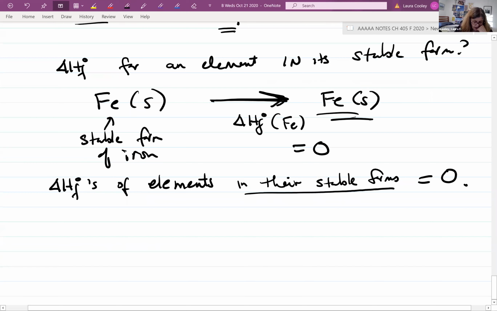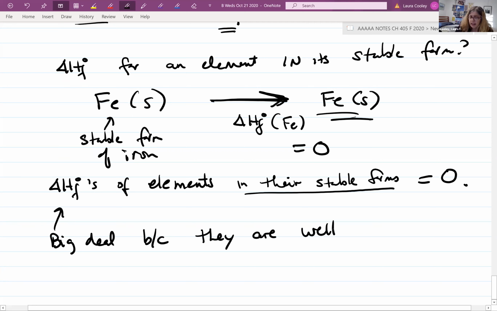Okay. And why is this so important? Why are delta H_f^0 such a big deal? The reason these are a huge deal is because they are well known for many, many compounds.